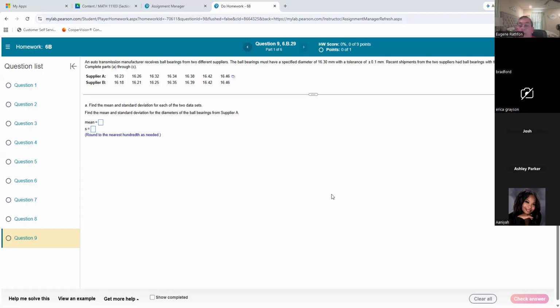All right, y'all. So for part A, they want us to find the mean and the standard deviation. So I'm going to go back to the pad so we can work these out.